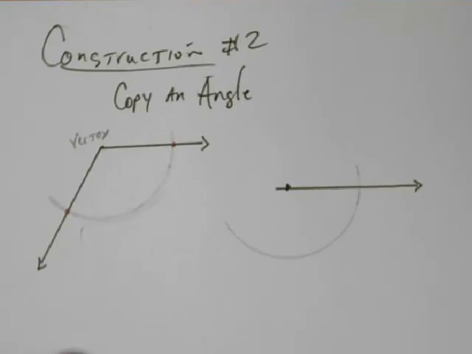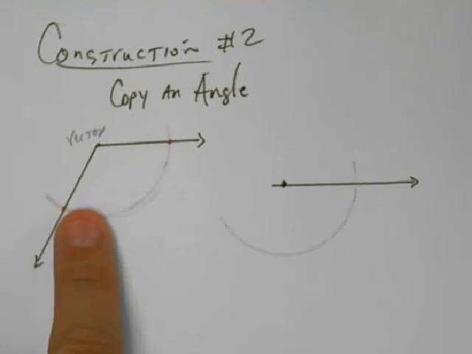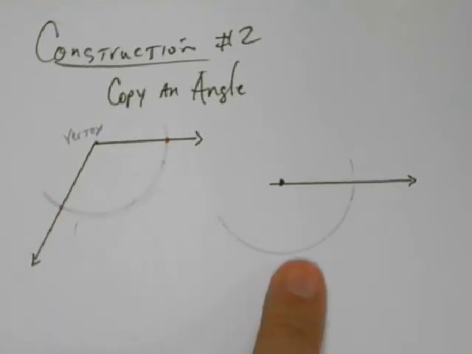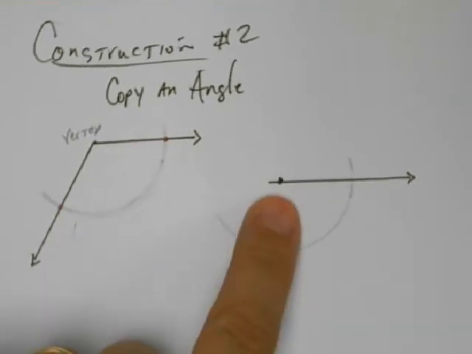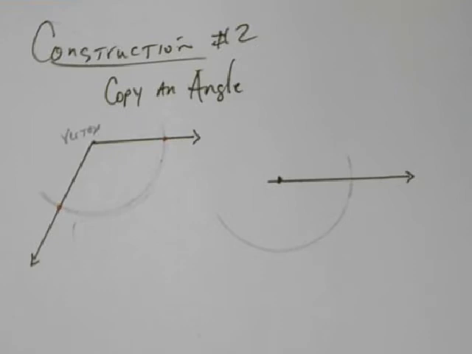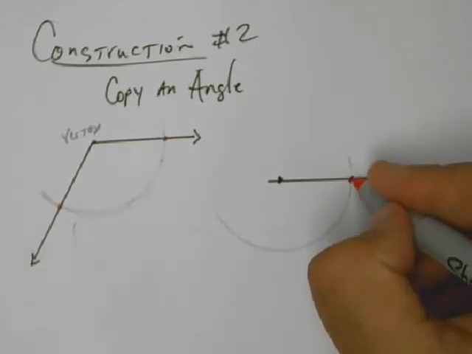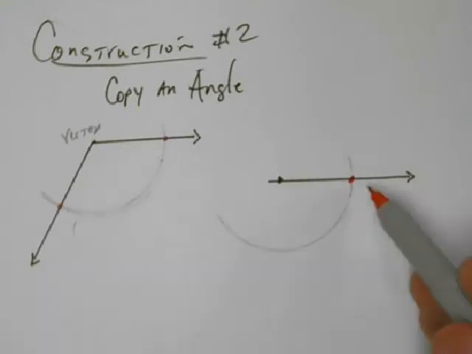Everyone see that? I did the exact same arc that I did there. I use that point. That's going to be my new vertex eventually. I'm going to highlight that point of intersection. See, I put a red dot there.